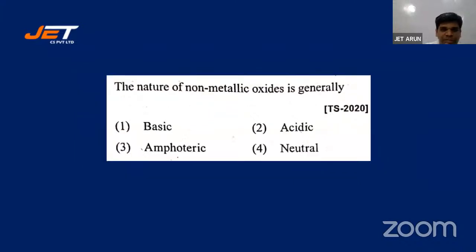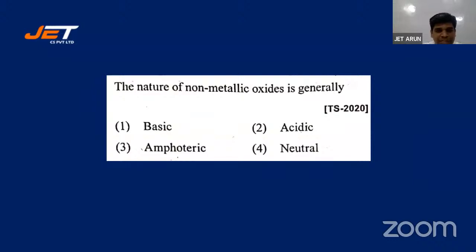The nature of non-metallic oxide is generally basic, acidic, amphoteric, neutral. What is the nature of non-metallic oxide? Is it basic, acidic?